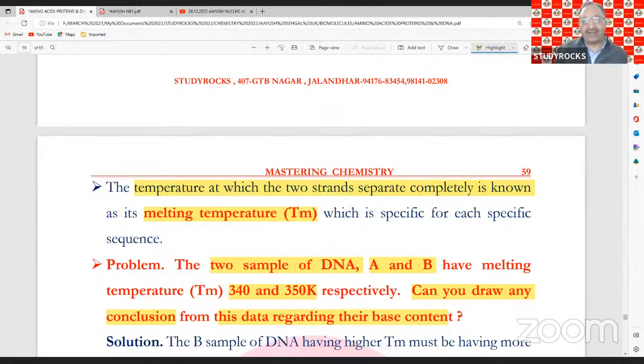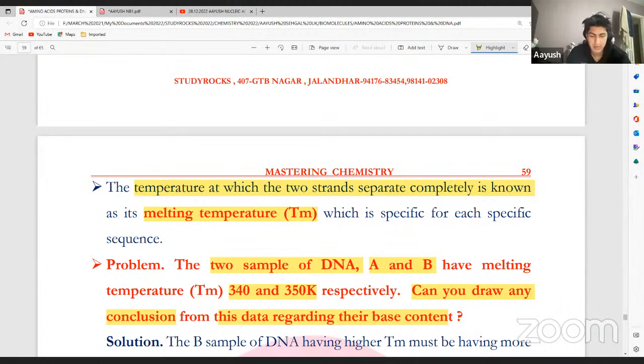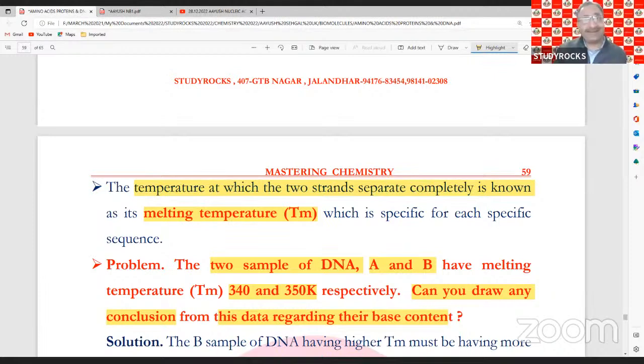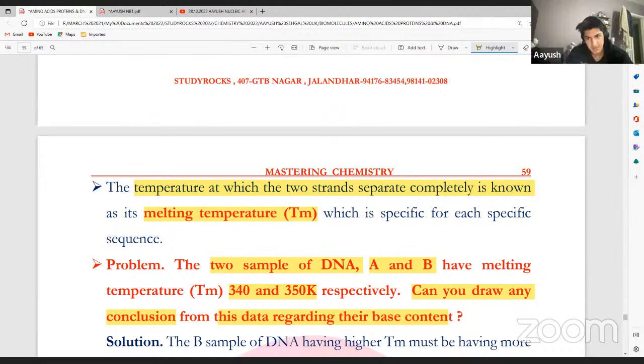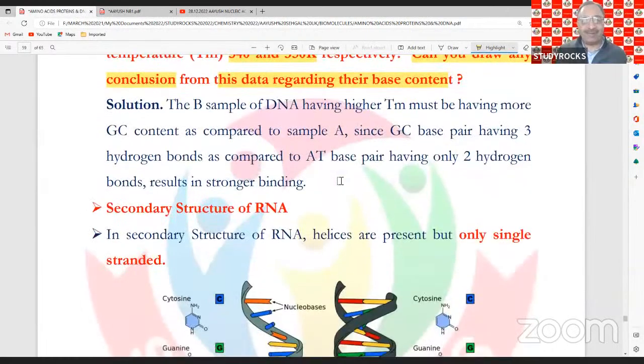So normally we take it as a B sample of DNA, not Z. Would that just depend on the ratio of A, T, C, G? If the temperature is higher, do you get any idea whether AT pairs would be more or GC pairs will be more? Would the GC pairs be more? Yes, more GC pairs, because there will be more hydrogen bonds, because they have a triple hydrogen bond. Yeah, exactly. Such a simple question and just pure application.